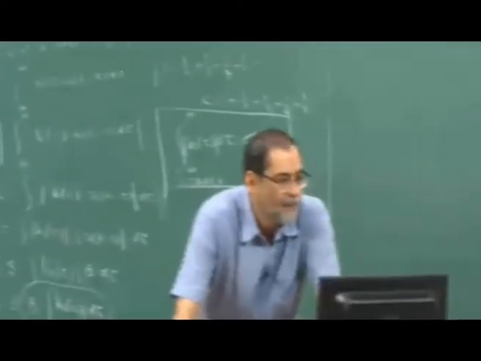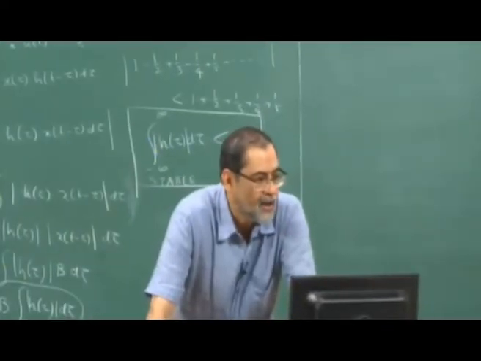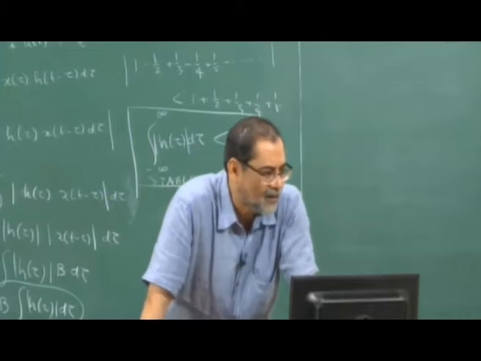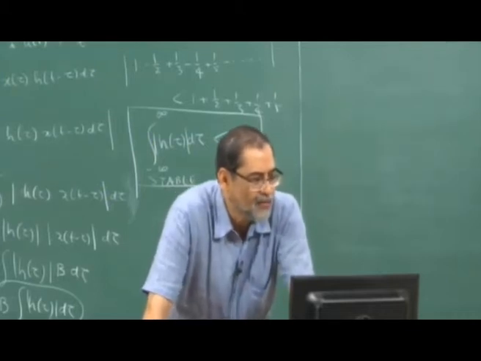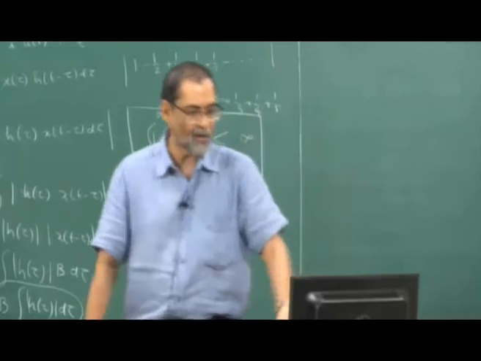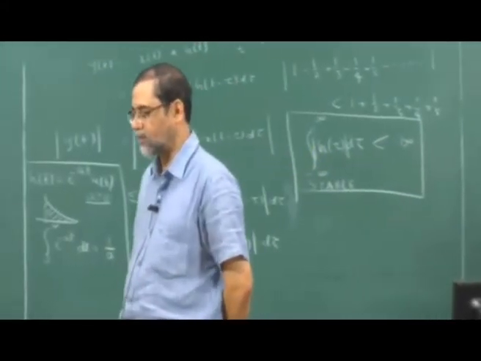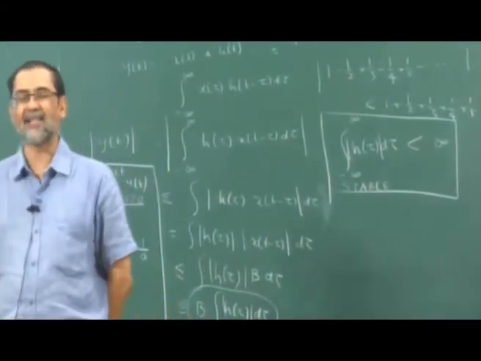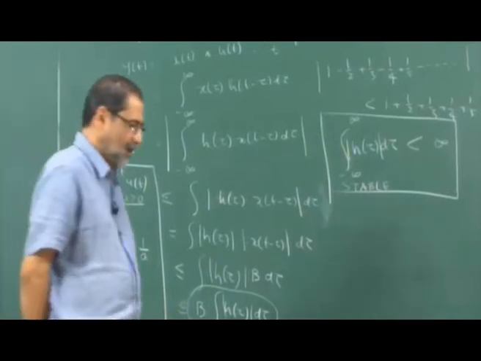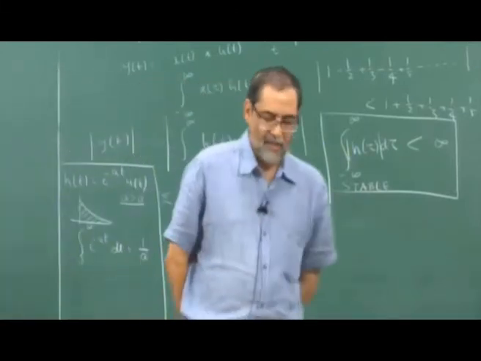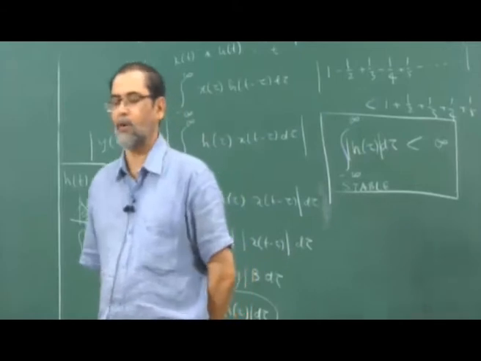Then the question is critically stable. The question from another college, which is a comment on the previous question whether u of t is absolutely stable, says critically stable. At least it is not bounded input, bounded output stability.